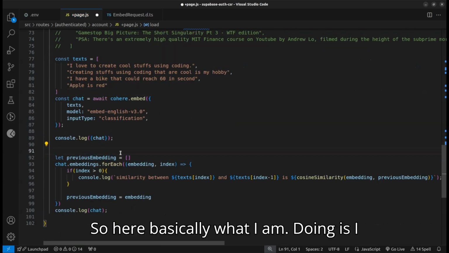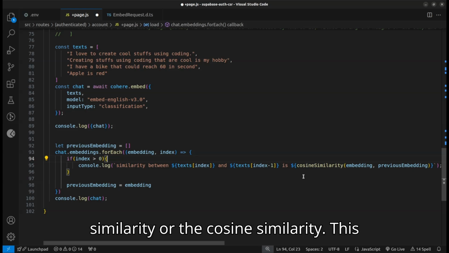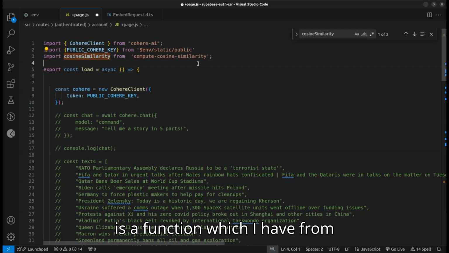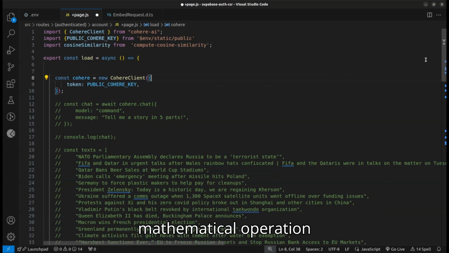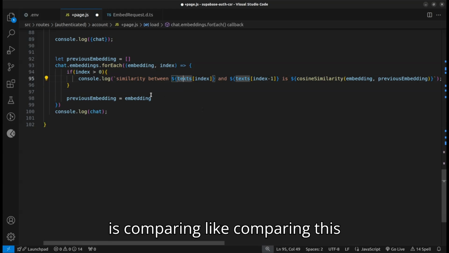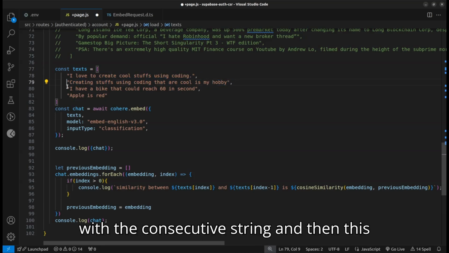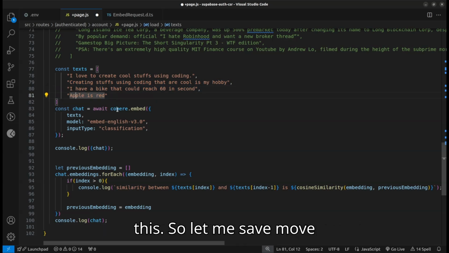So here what I'm doing is calculating the similarity, the cosine similarity. This is a function which I got from this library, compute cosine similarity. It performs the mathematical operation that I showed, and compares this with the consecutive string, and then this with this, and in a similar way this with this.